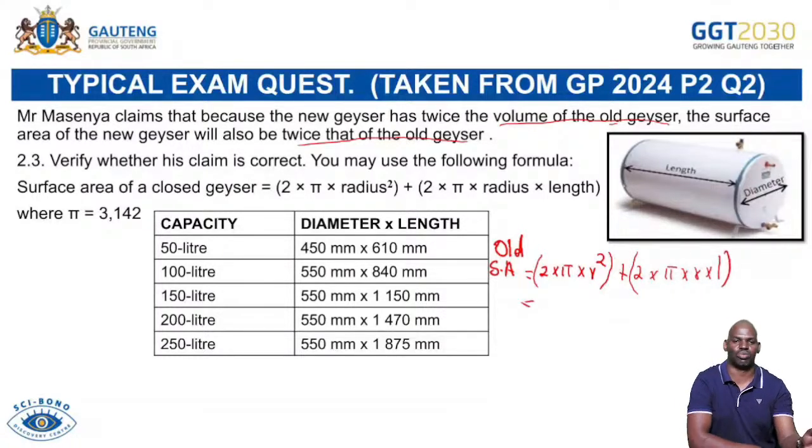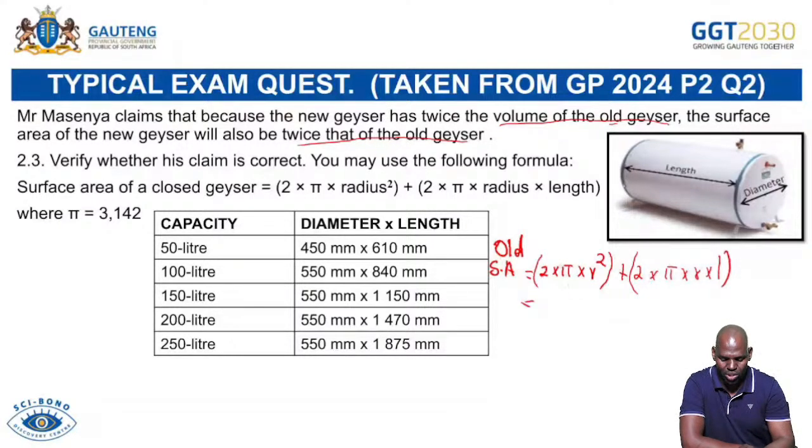Then I can just do the substitution. Let us make sure that we substitute correctly. Do we know the value of pi? Yes, which is 3,142. Do we know the value of the radius according to the way the formula is given? The old one is 100 liters, so the diameter is 550. You need to be careful, because in this case we need to substitute the radius.